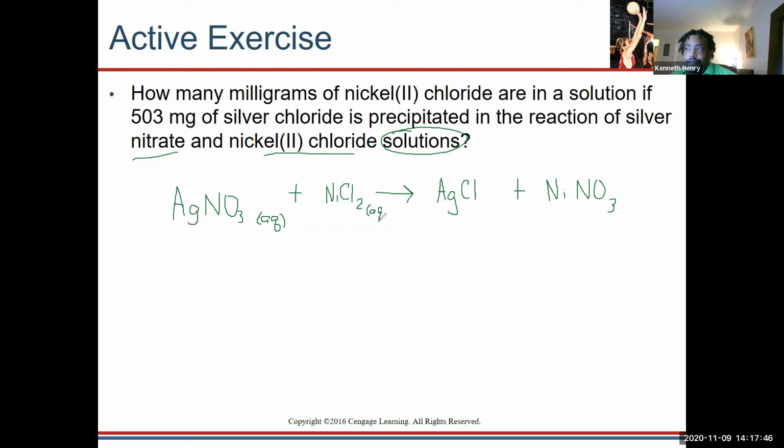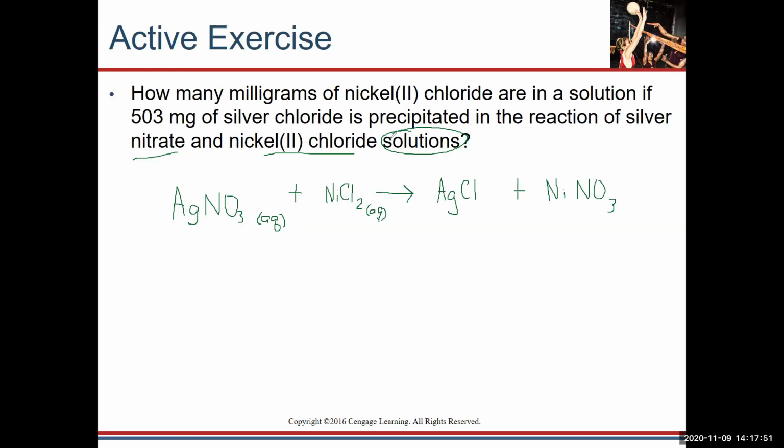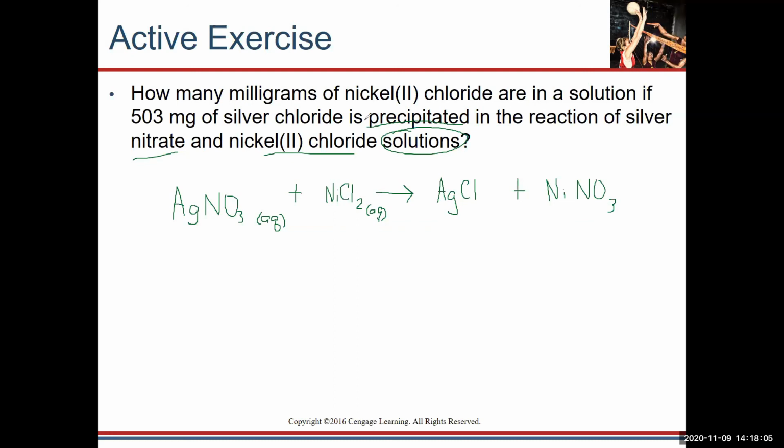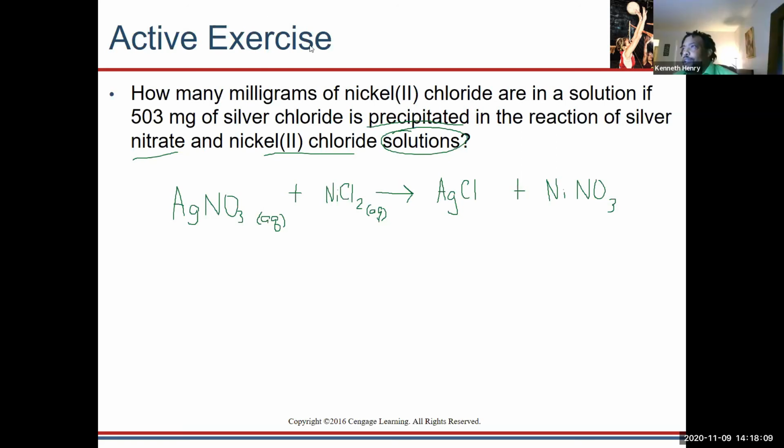Now what about the silver chloride? Would we still consider it a solution? You tell me. That term precipitate, what does it mean to you? Oh, solid. Solid. And then our last one, by default, is going to be AQ.